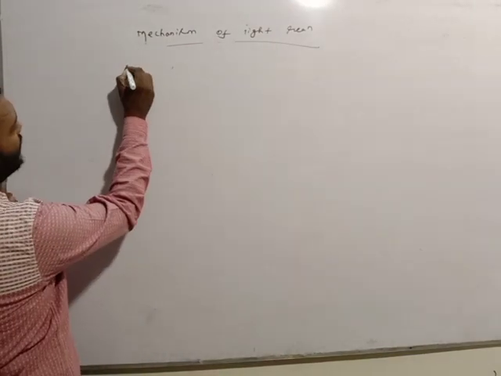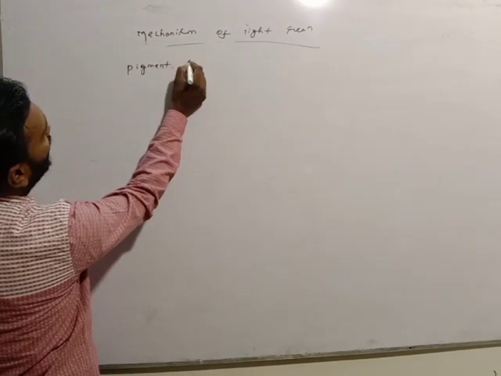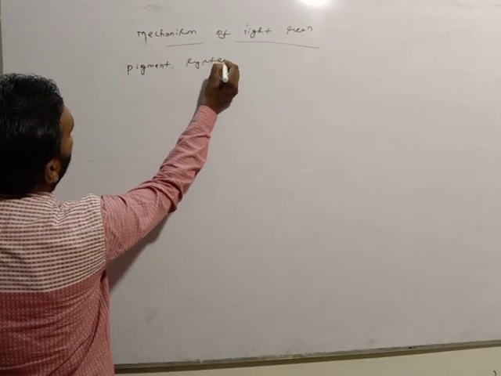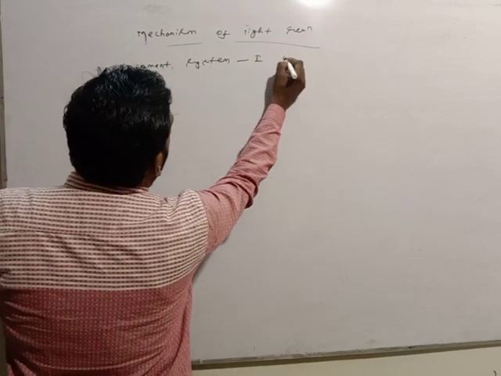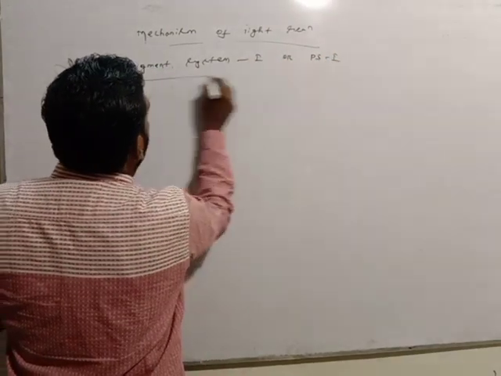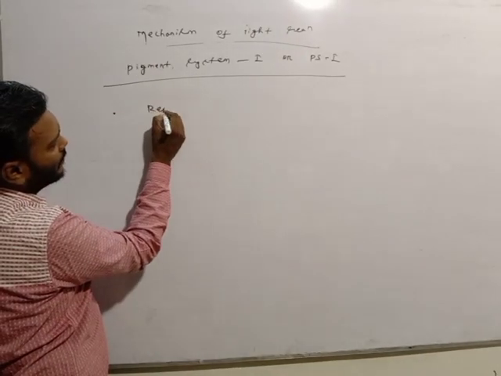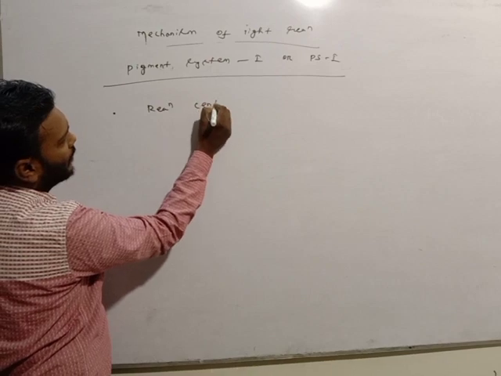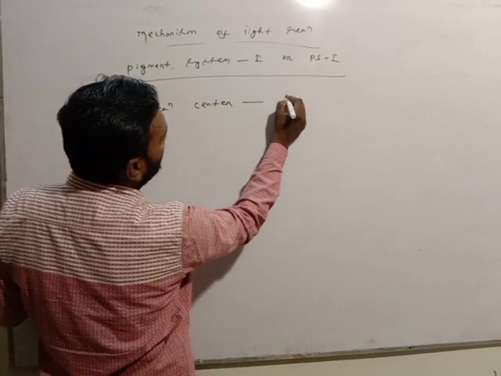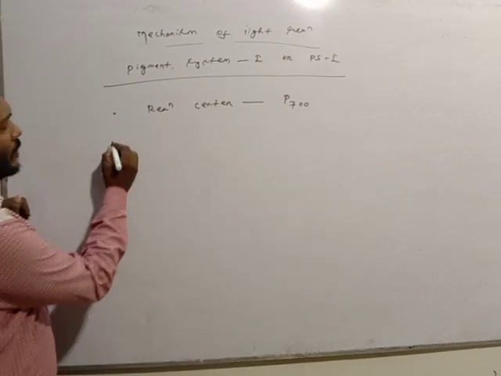Pigment system 1, or PS1, the reaction center is P700, clear?